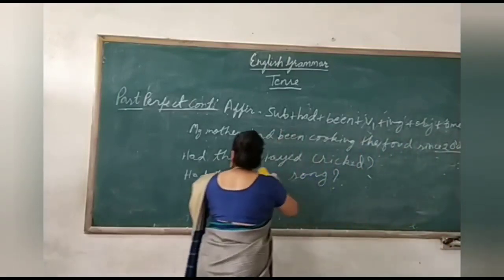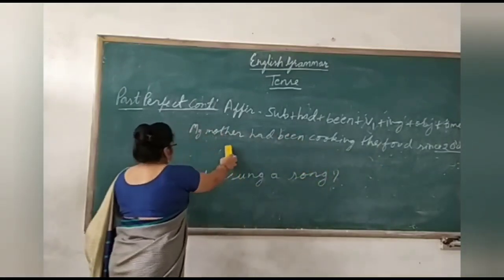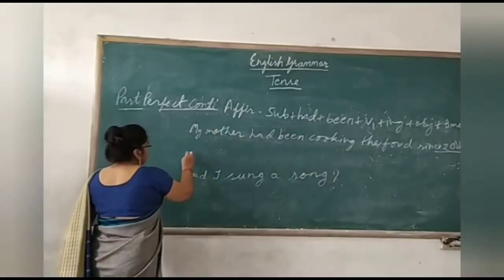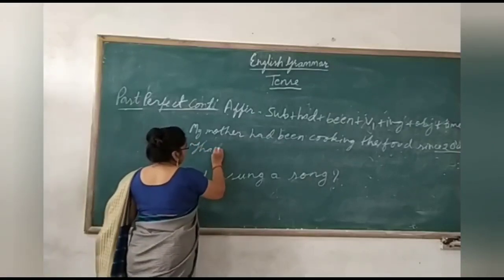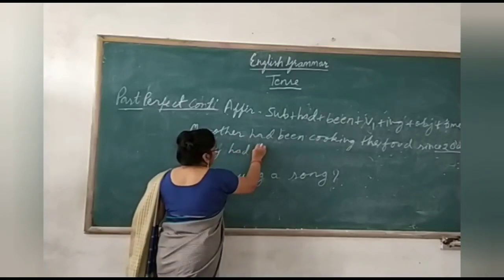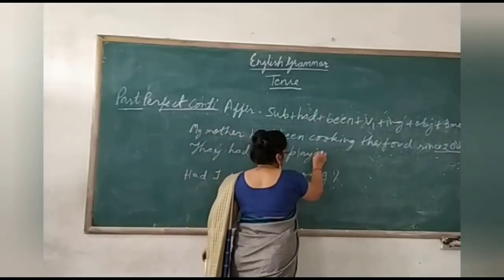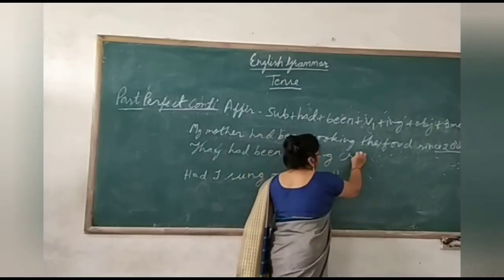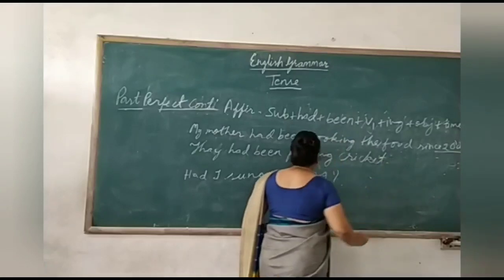Clear? Same way, in the second sentence, let us convert the second one also. They had been playing cricket. See here, happening, हो रहा है ना?